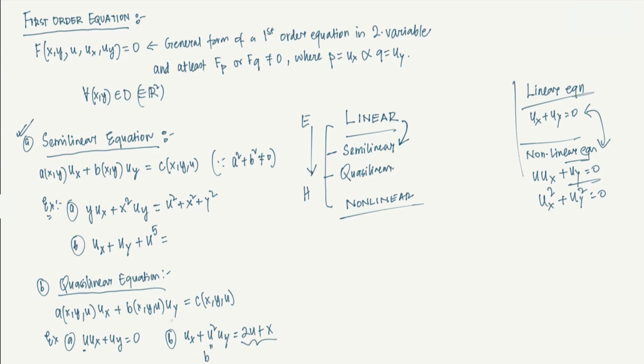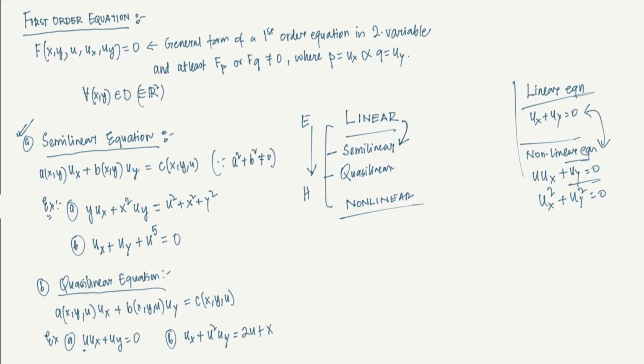So it can be nonlinear with respect to u also, but it should not contain any term with ux or uy. So this is a quasi-linear equation. Let's say here, let me put it 0. By looking at it, you do realize that it looks much more complicated than a semi-linear equation, and definitely much more than a linear equation.